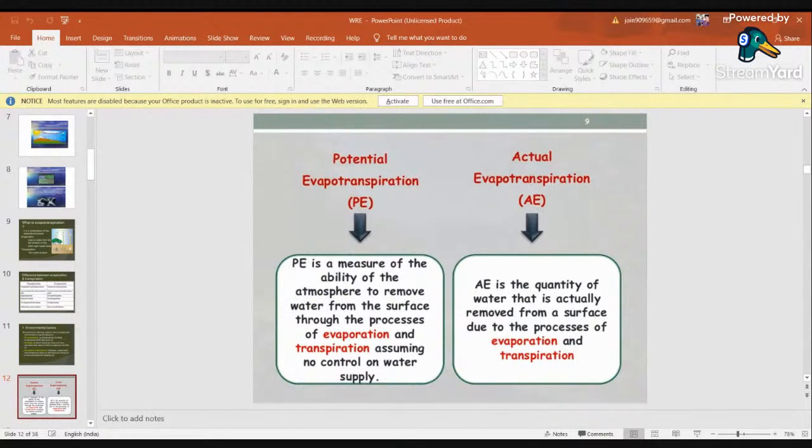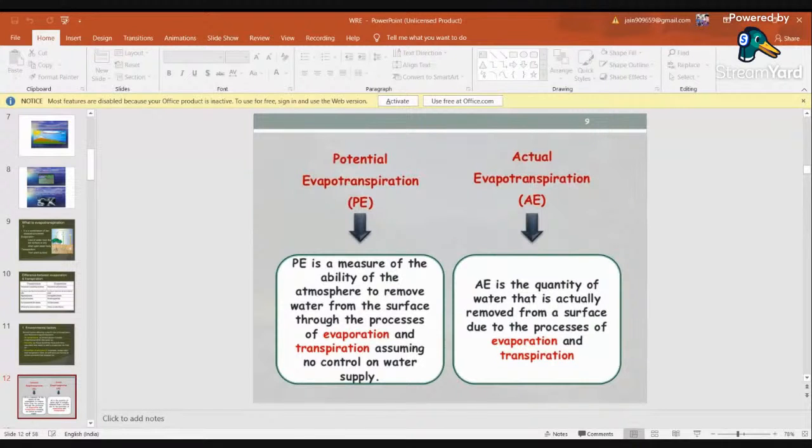Then there are two types of evapotranspiration, that is potential evapotranspiration and actual evapotranspiration. Now, what do these two terms mean? Potential evapotranspiration is a measure of the ability of the atmosphere to remove water from the surface through the processes of evaporation and transpiration, assuming no control on water supply.